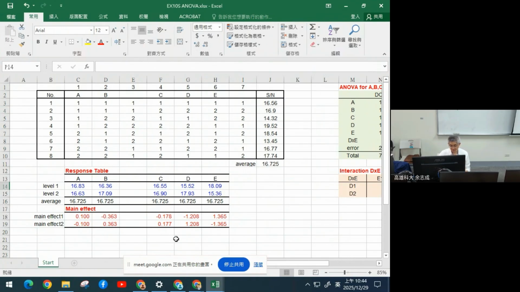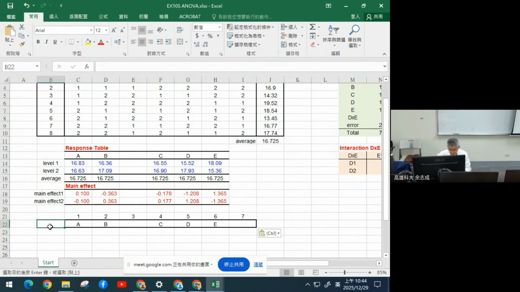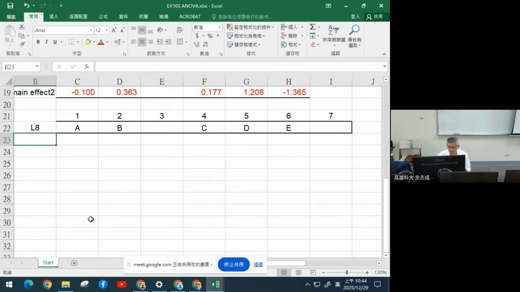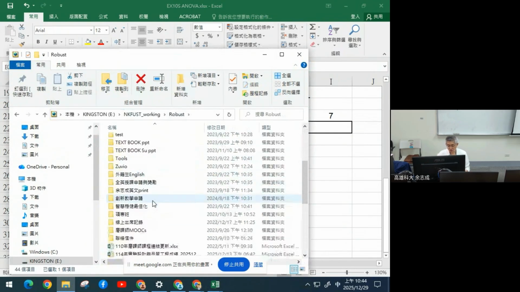Let's put it down here. This is how we arrange our experiment, right? And this L8. So we need to find out the confounding structures. Let's look at the class note. How to find out the confounding structures?